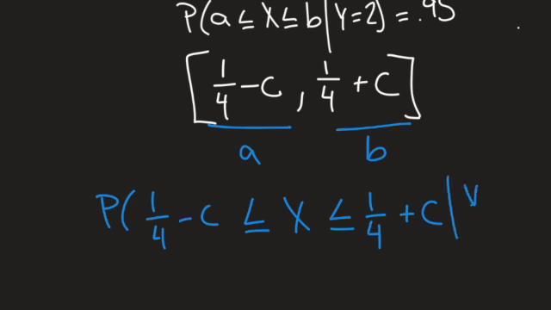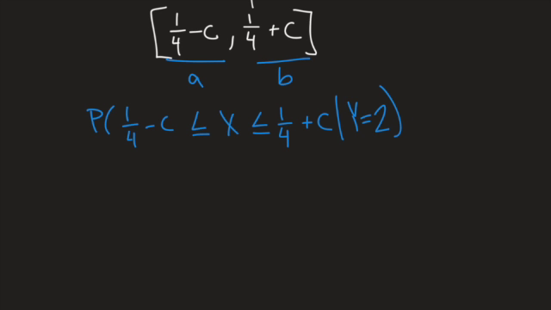Keep in mind, this is all given that y equals 2, and this equals 1 minus alpha, which is also 0.95.